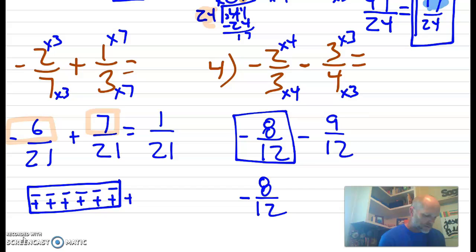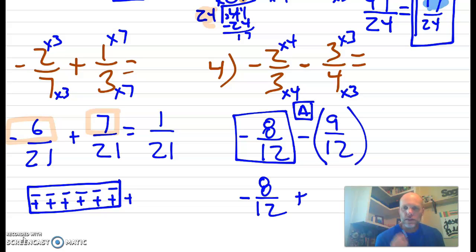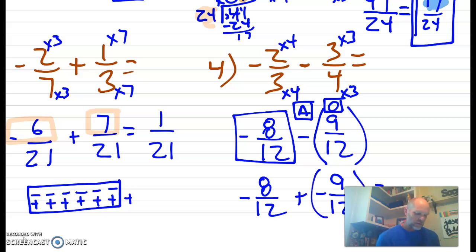So instead of subtraction, we are going to add the opposite of 9/12. What's the opposite of 9/12? The opposite of positive 9/12 is a negative 9/12.